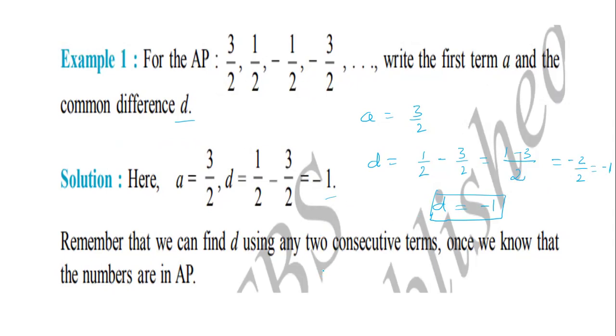Remember that we can find D using any two consecutive terms, like A2 minus A1, A3 minus A2, or A4 minus A3, once we know that the numbers are in AP.